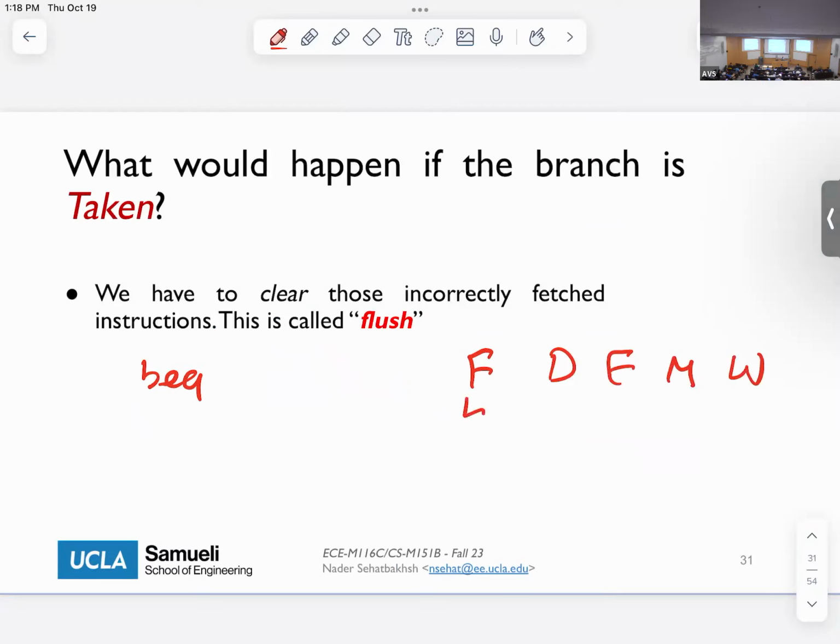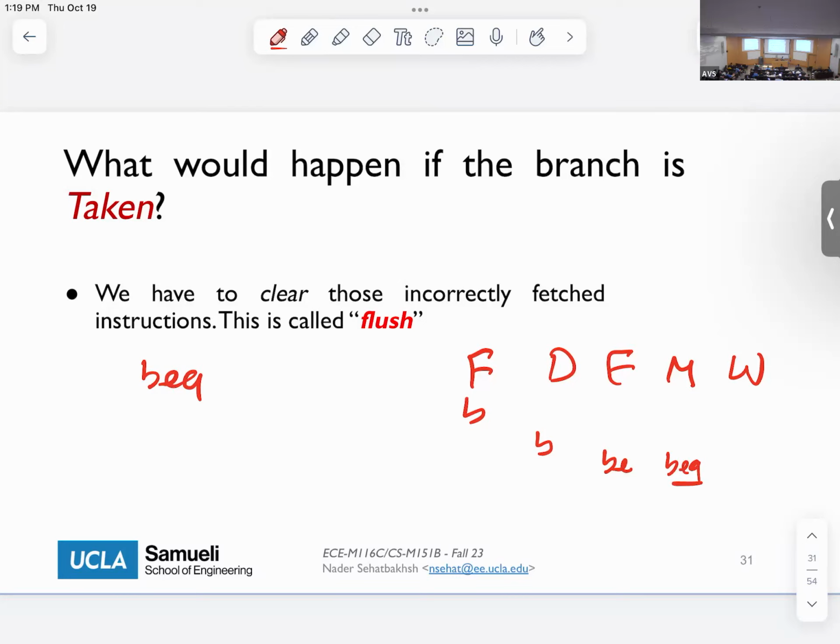I have the branch here, then the branch goes here, then here, and here. At the end of this stage, I know that this is a branch that should be taken. Now I made a mistake.